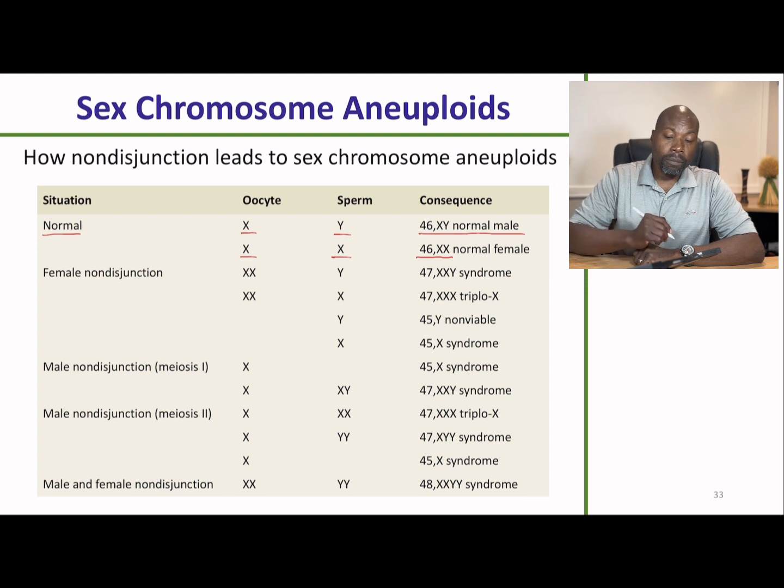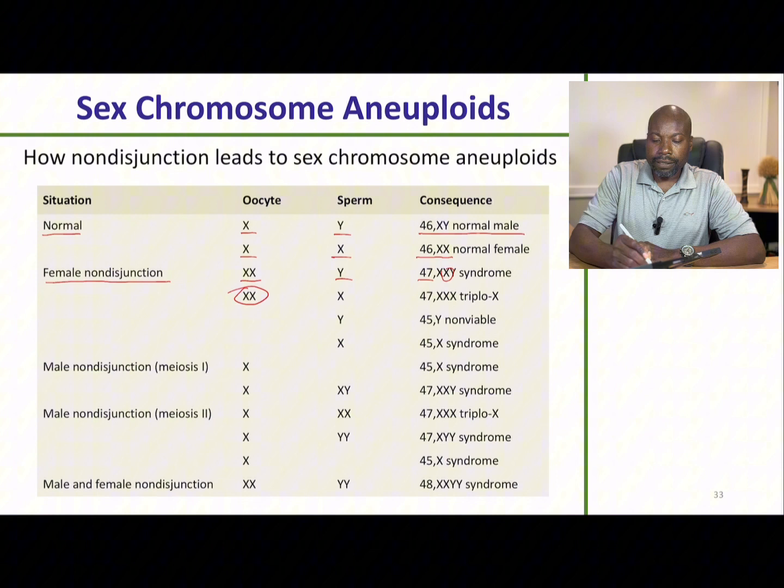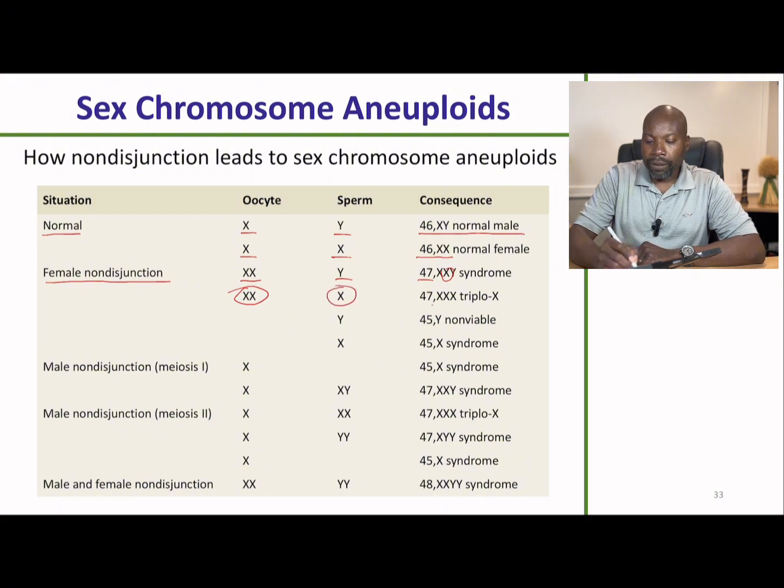Now, some females can have non-disjunction, okay? So for non-disjunction, we have XXY. XXY is a male that has an extra X chromosome. XX and an X, we have triple X individuals.